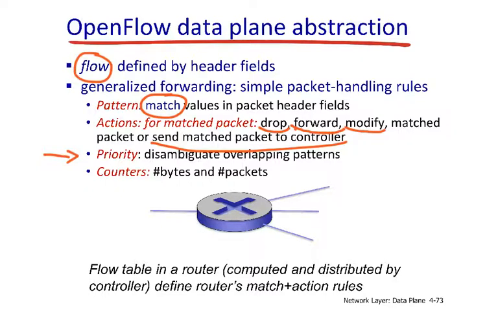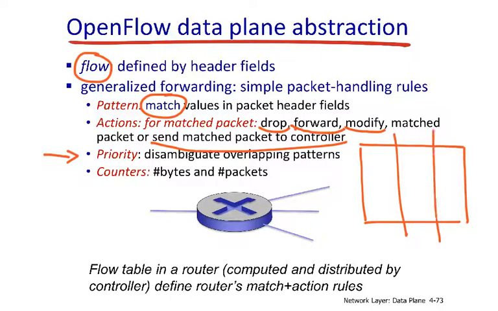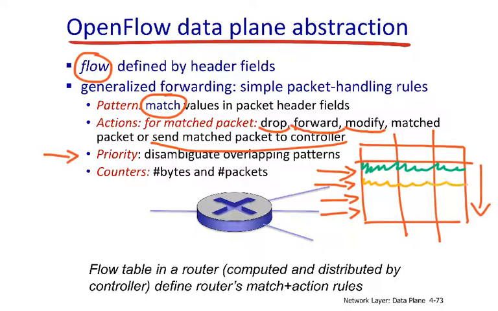As in the case of traditional routing in IP, we have priority. So the routing table, or the forwarding table, in this case the flow table, has 3 columns, and the priority is in descending order. The first rule will have the highest priority. If it is not matched, we pass to the second, and so on.